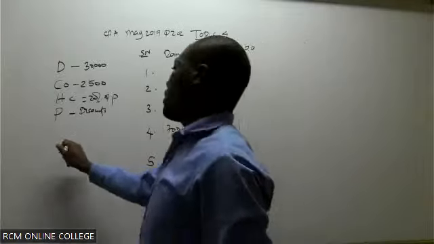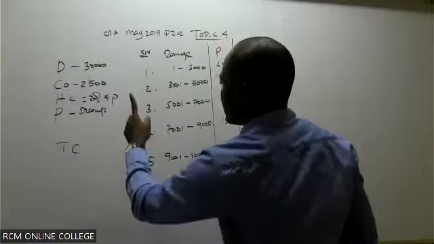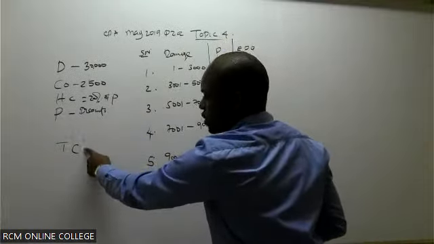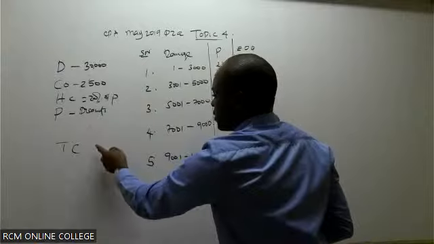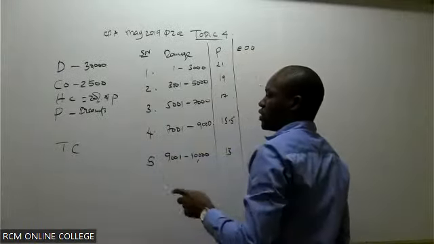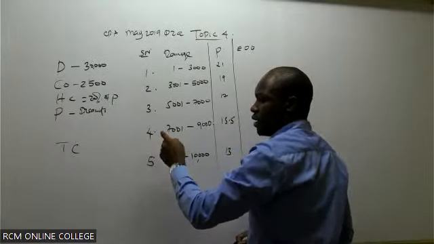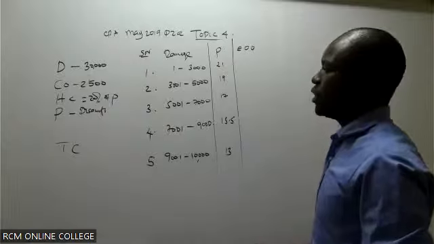Our interest here is to come up with the total cost. Remember our total cost must include demand times purchase price plus number of orders multiplied by ordering cost plus quantity divided by 2 multiplied by holding cost. That's what we are going to do.